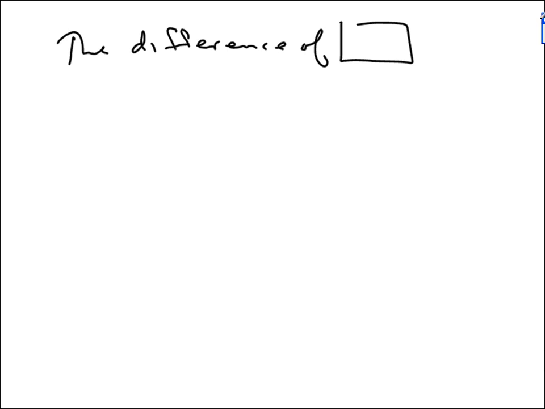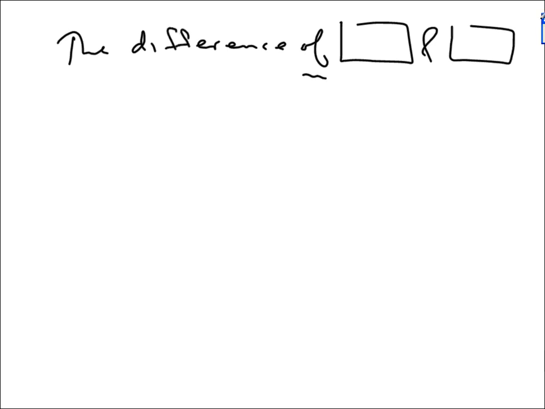So let's try another one. Don't panic when you see words. You need to know that when it says the sum of, it's going to be this and that. For the difference, it's going to be the difference of this and that.